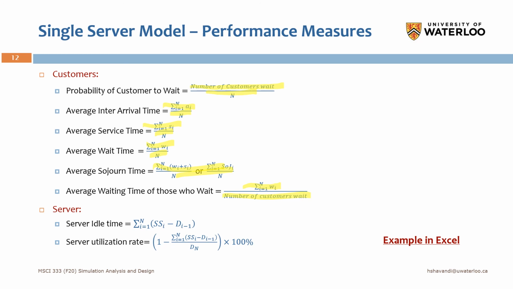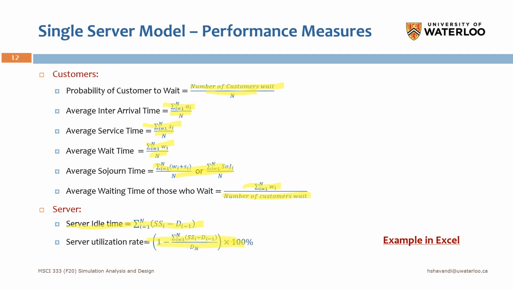And for the server, we can calculate the server idle time here. We can add up these quantities, and then it will determine the total idle or total free time of the server. And for the server utilization rate, we can obtain it by this formula.